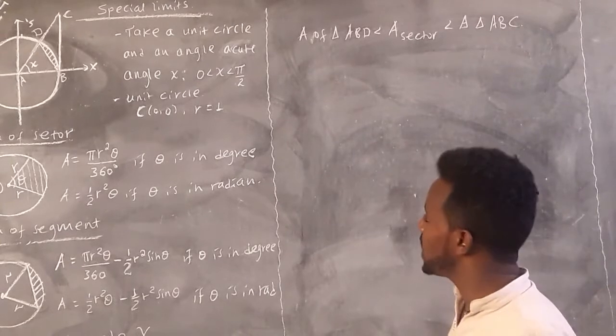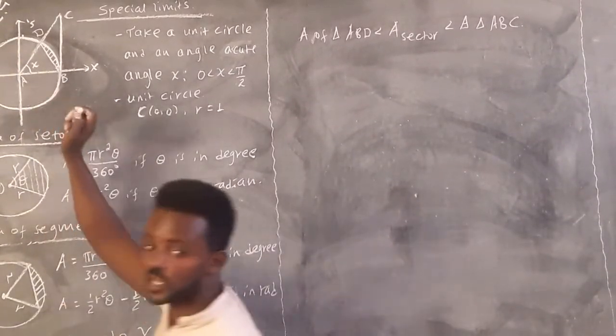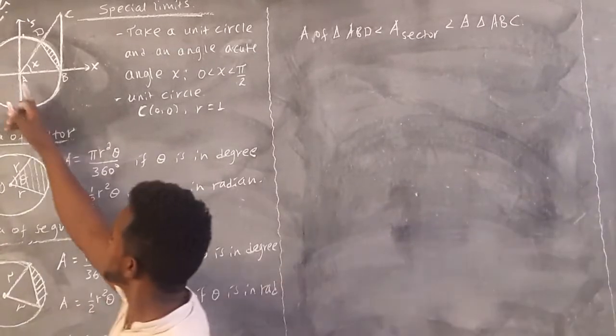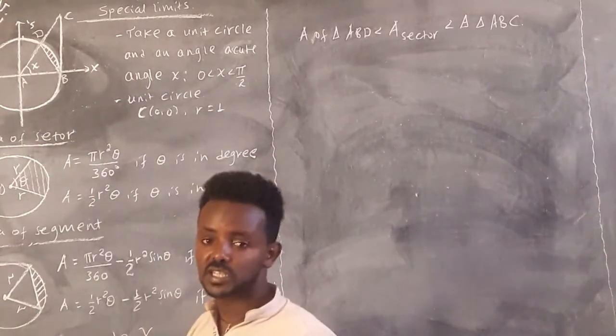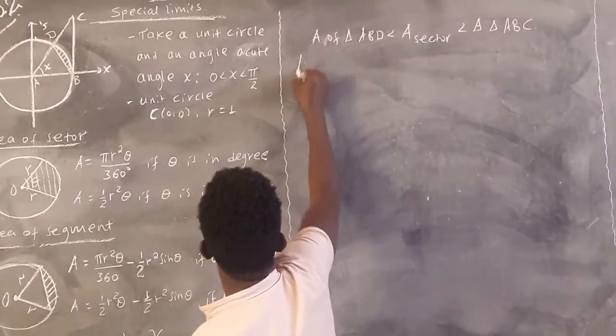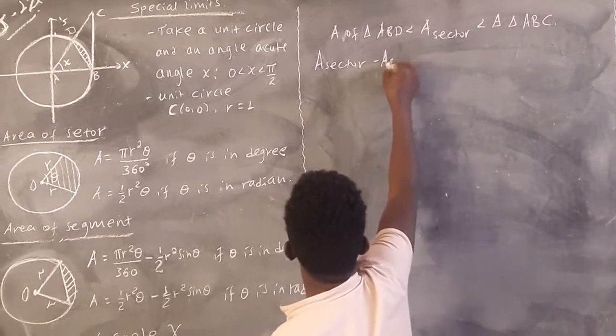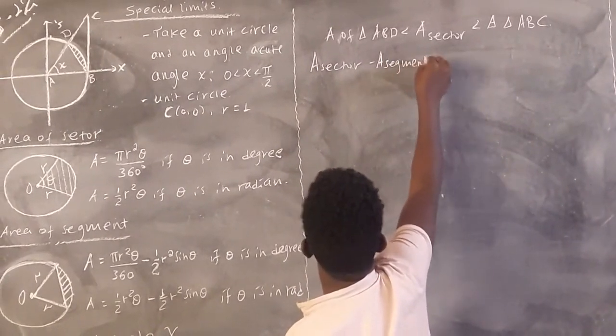So the area of triangle ABD we can determine by the difference between the sector and the segment. The area of triangle ABD is the area of the sector minus the area of the segment.